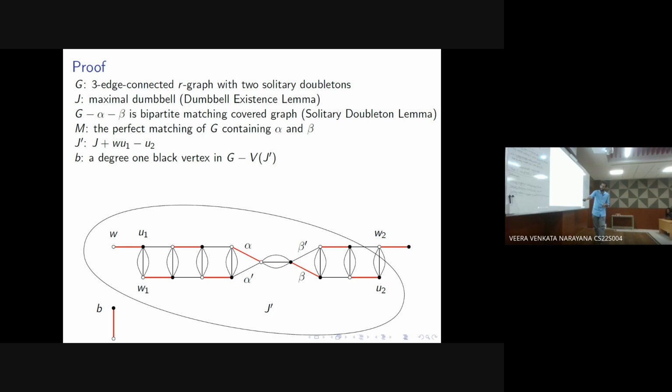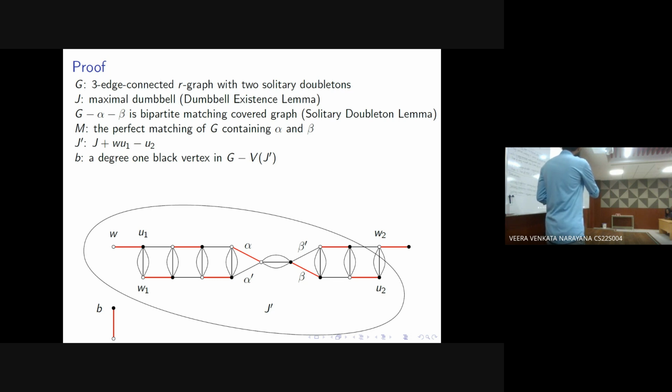So 4 edges must come from B to this J prime. So what are the possible candidates for these edges? From B, we need 4 more edges compared to J prime. So can we add to any vertex? No, we can't because this is a black vertex.